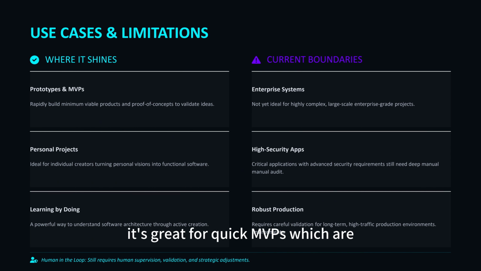It's great for quick MVPs, which are minimum viable products, proof of concept, and learning by doing. However, it's not ideal yet for things like robust production code, for complex enterprise-grade projects, or for critical apps with advanced security requirements. But that doesn't mean that you can't use it in those contexts. It just still requires human supervision, validation, and some adjustments.